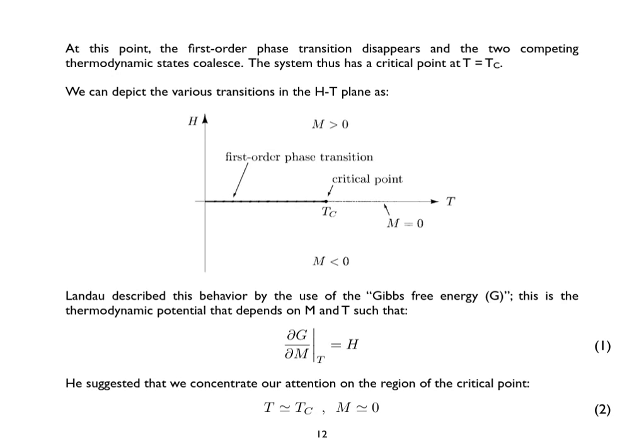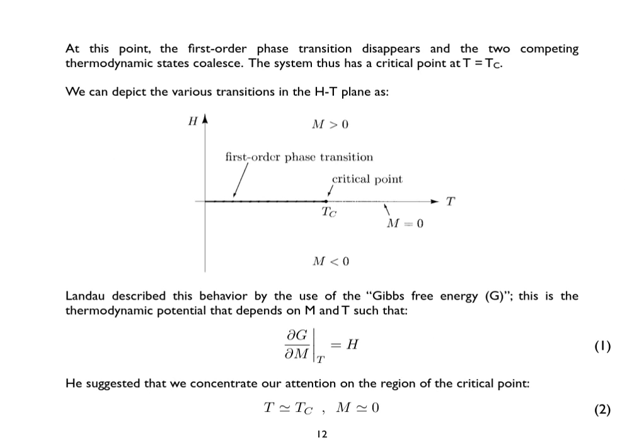At what point, in the temperature or in the magnetization, do you have these phase transitions? He noted that the critical behavior happens around some critical temperature, where the magnetization is basically zero.